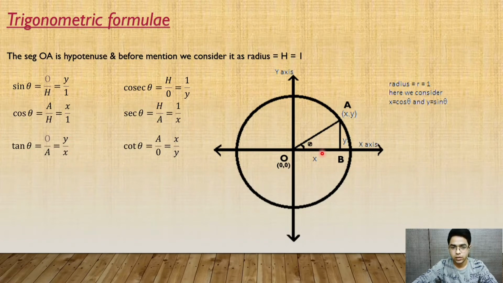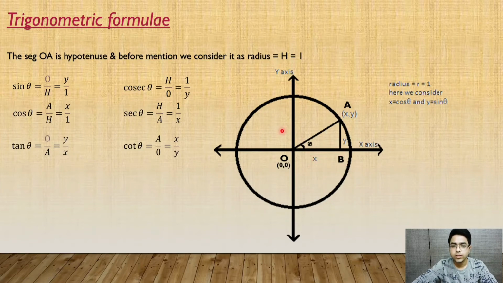How is it so? From this figure we can understand that the OB value is x, as we have seen before that OB lies on the x-axis, so we have named it x.